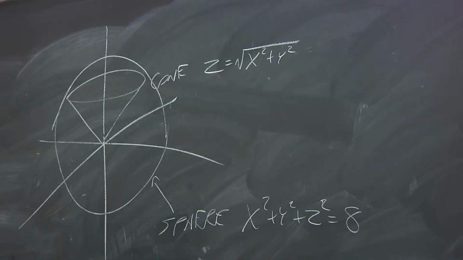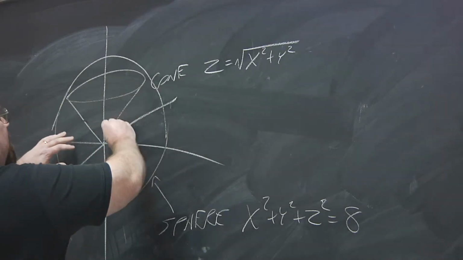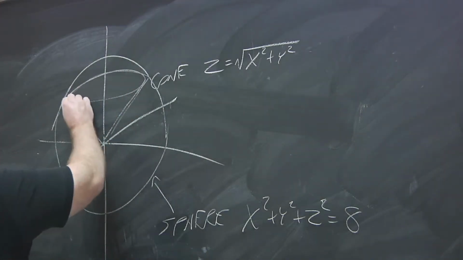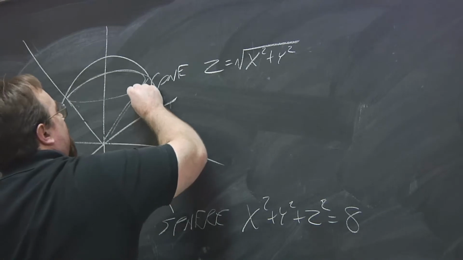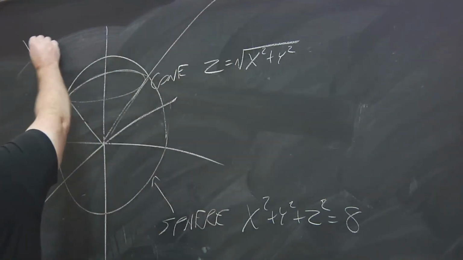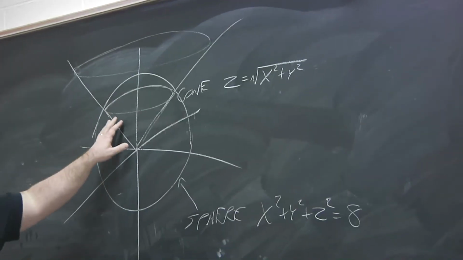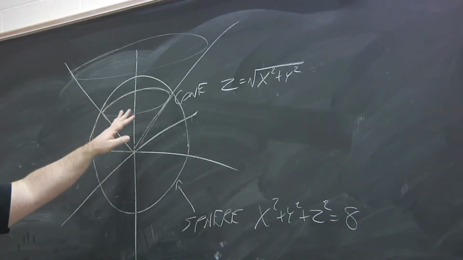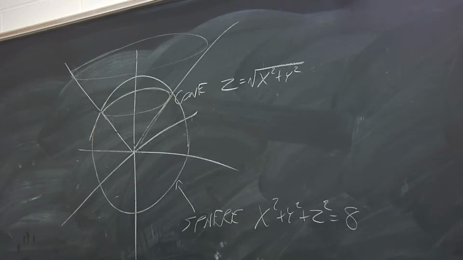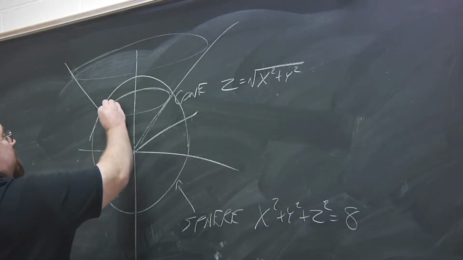All right. Now this cone, it's not really conveyed by the picture, but the cone extends infinitely up. So at some point, the cone intersects with the sphere. So what we get is a solid in between.